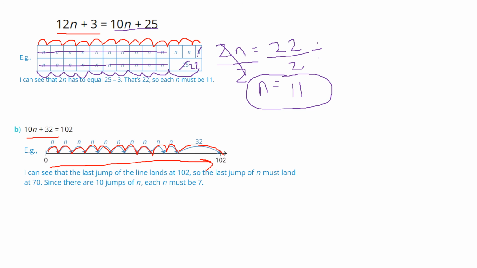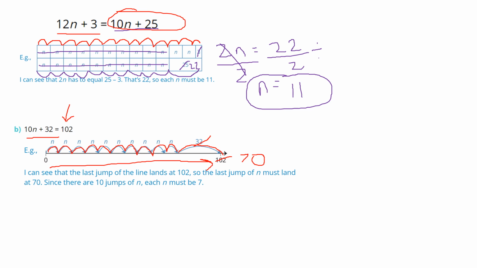So again, another way you can do that is, if you're going to take away your 32 from the top, then you must do the same thing to the bottom. So we take away 32 at the top, we take away 32 at the bottom, and we get 70. Now, because this side of the equation for this one doesn't have anything else with it, like the top one had a 10n plus 25 on the right, this one only has 102.